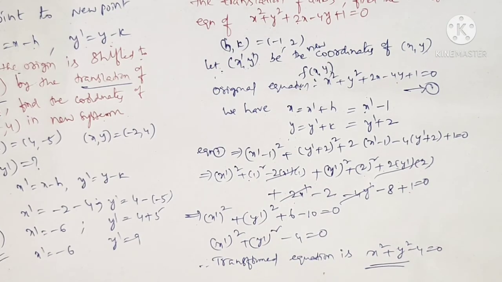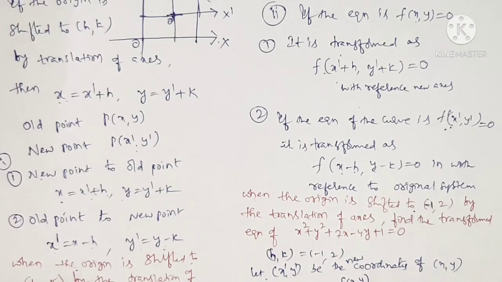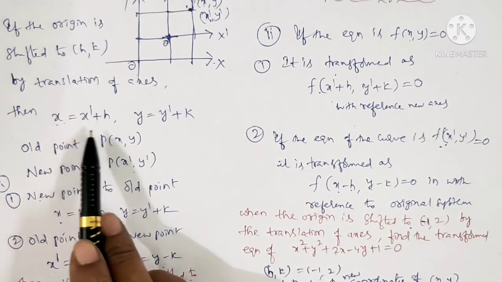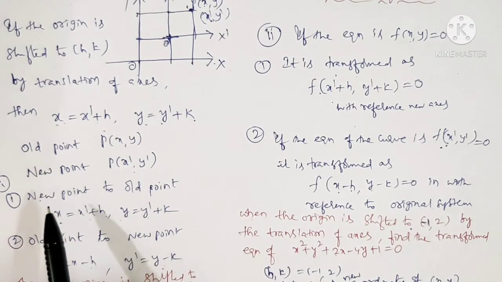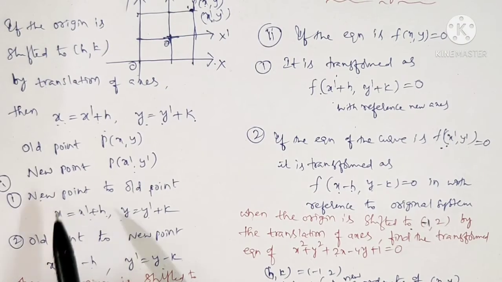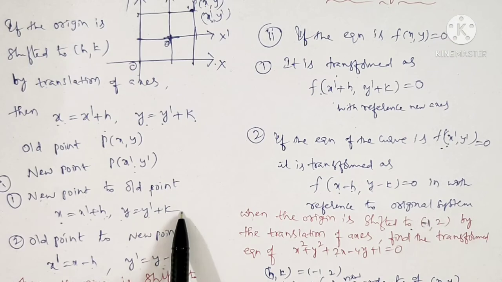When the origin is shifted to h comma k by the translation of axis, then x is equal to x dash plus h and y is equal to y dash plus k. So if you want to find the old point by using the new point, this is the formula: x is equal to x dash plus h, y is equal to y dash plus k.